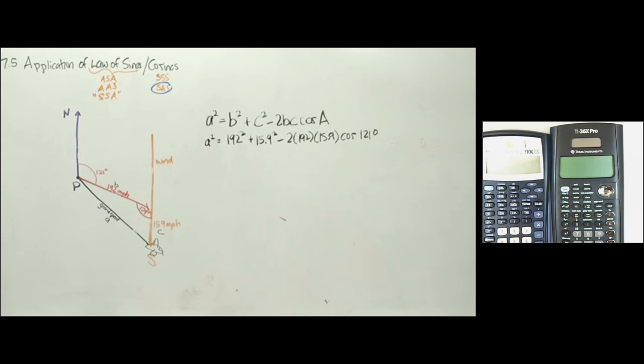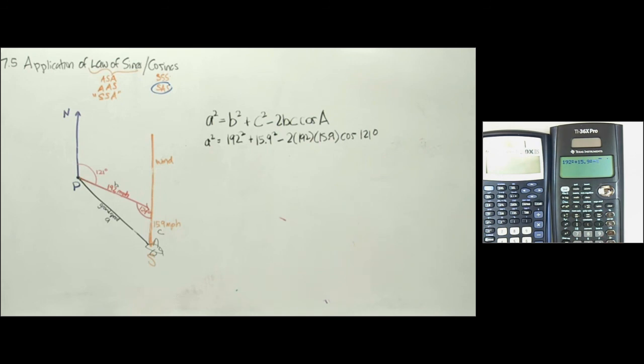So here I go. Turn my calculator on. What mode do I have to be in? Degrees. And I start 192 squared plus 15 and 9/10. Oh, put the plus in this black. Plus 15 and 9/10 squared. Minus is the subtraction.